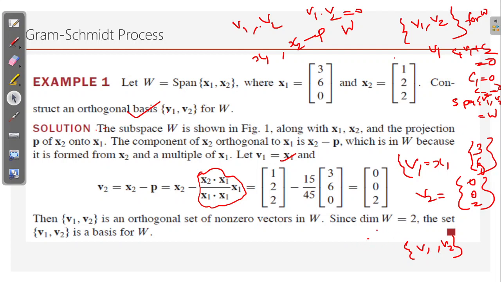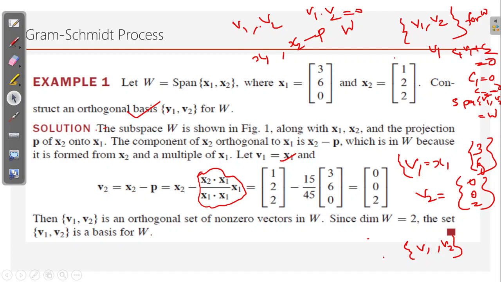So we have derived the orthogonal basis for W in a unique manner.